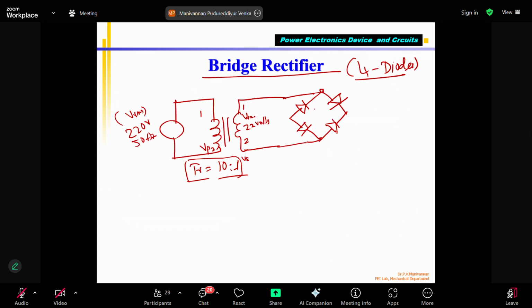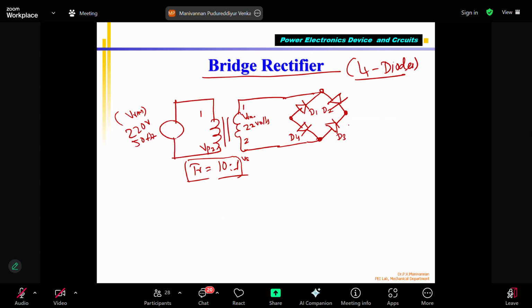I say this is D1, I call this D2, this is D3, D4. 4 diodes are connected like a bridge, a Wheatstone bridge. We saw resistance last semester in Mechatronics. We talked about strain gauge bridges, full bridge, kind of like a Wheatstone bridge, same thing. Here, instead of the resistor, we're using diodes. They call it a full wave rectifier.